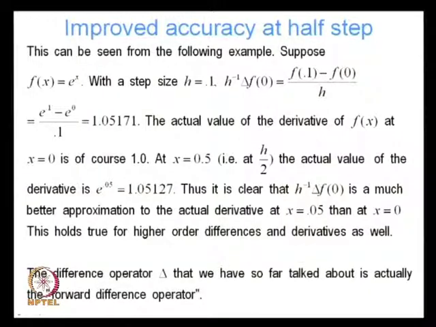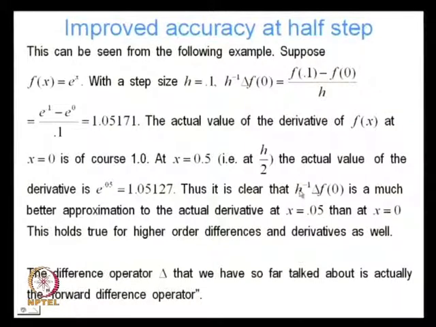So if I evaluate the derivative of e to the power x, which is the same as e to the power x, at 0.05, I get 1.05127, which is actually much closer to the difference than the derivative at x equal to 0, right.